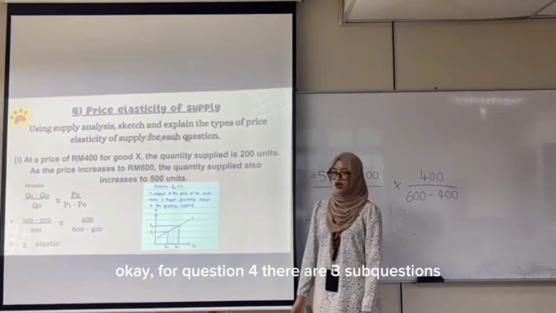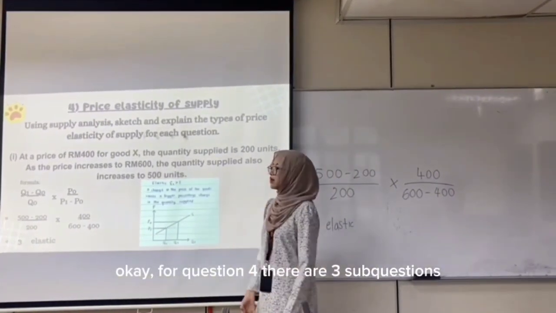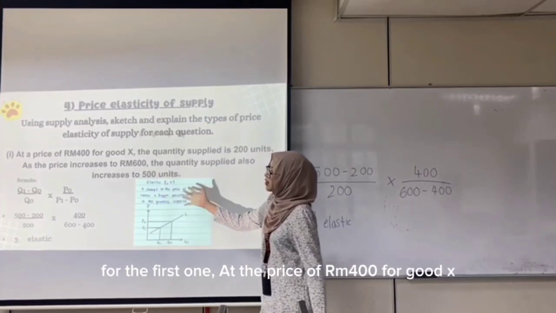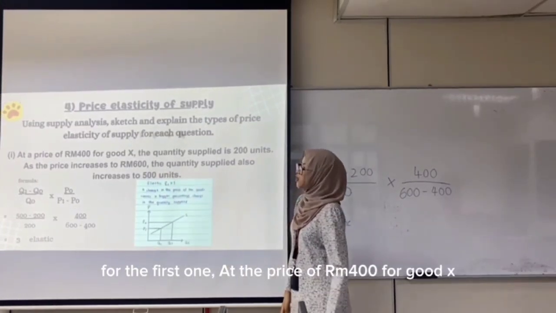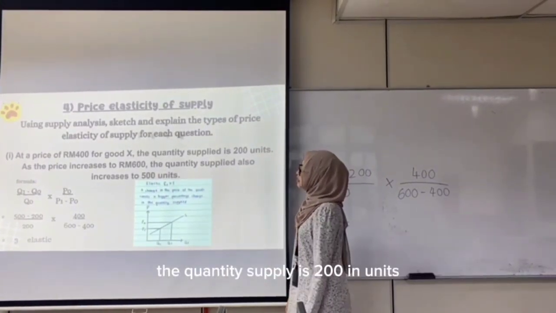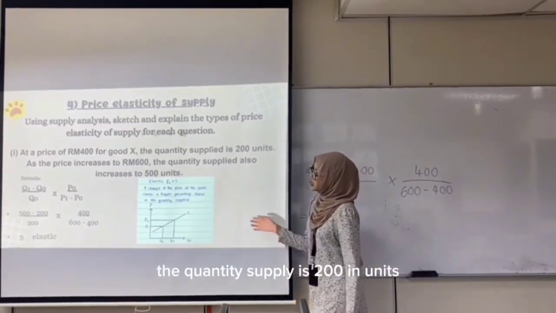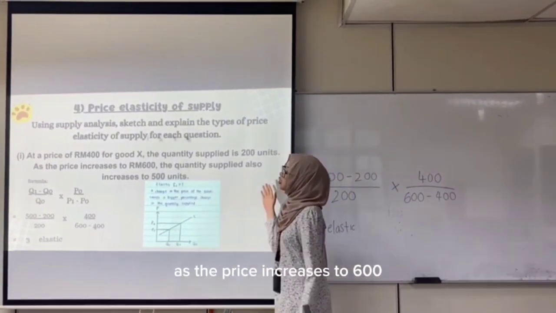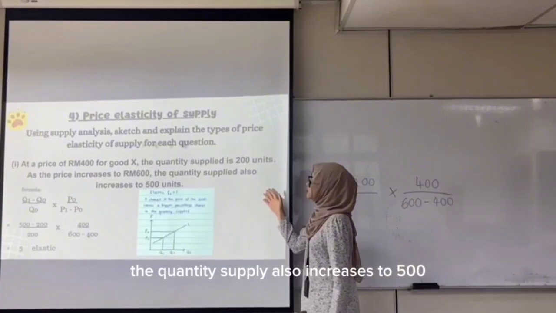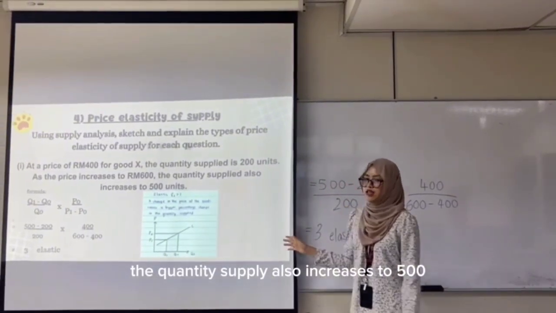I will explain about price elasticity of supply. Okay, for this, there are 3 sub-questions. The first one: at the price of RM400 for good X, the quantity supplied is 200 units. As the price increases to 600, the quantity supplied also increases to 500.